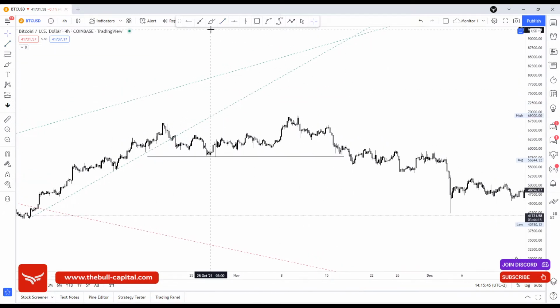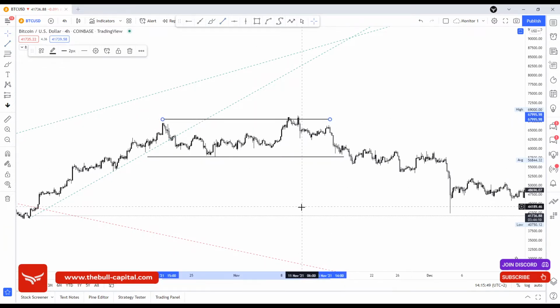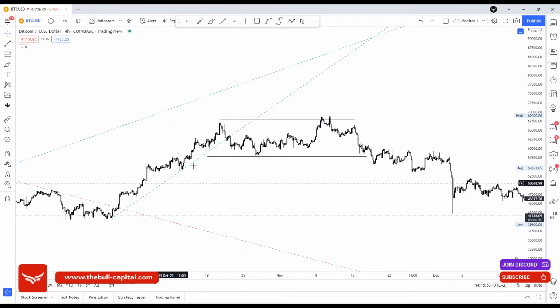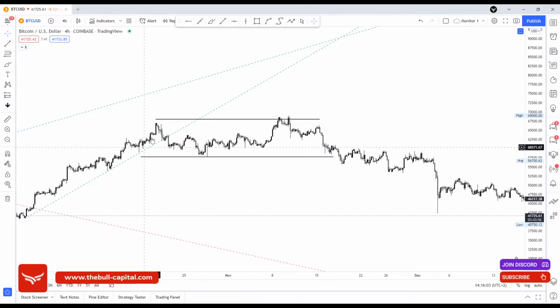I don't know exactly where it is, but I'm just gonna mark it like this, and we're gonna see. But now that we know we had an uptrend here and it was broken, and now that we have this sideways trend, it means that there are high chances for the trend to change into a downtrend.